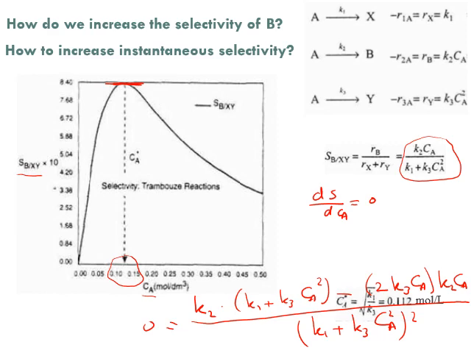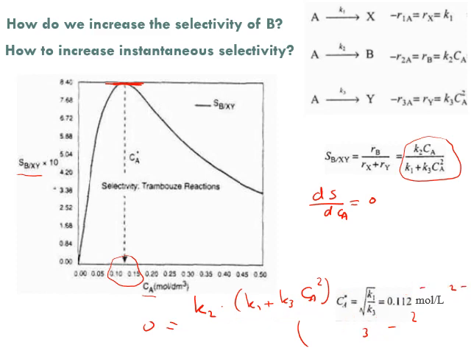If you allow me, I would need to erase all of this. As you can see, after solving for CA, you will get CA equals the square root of K1 over K3.